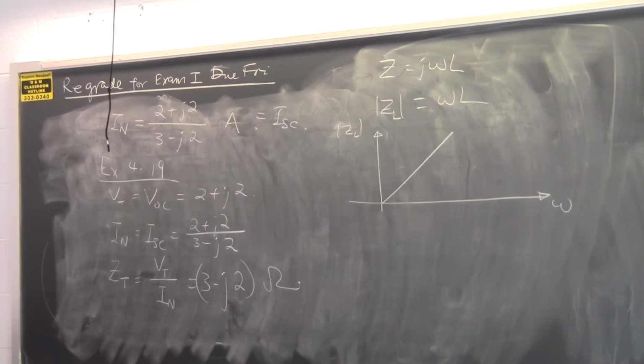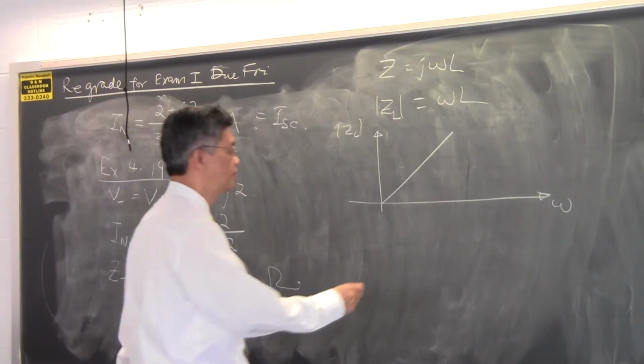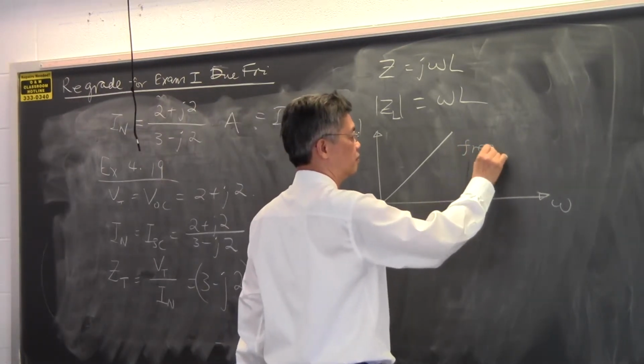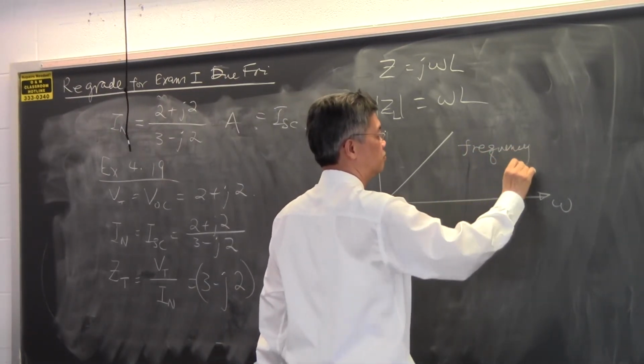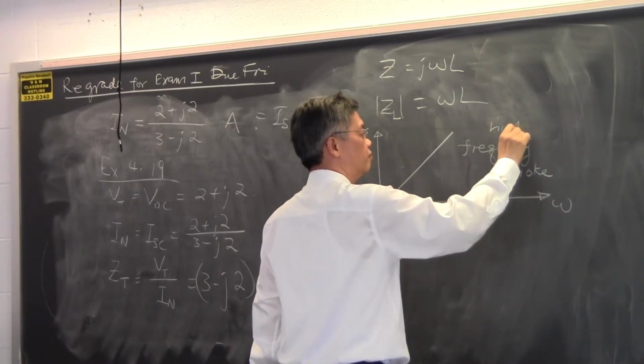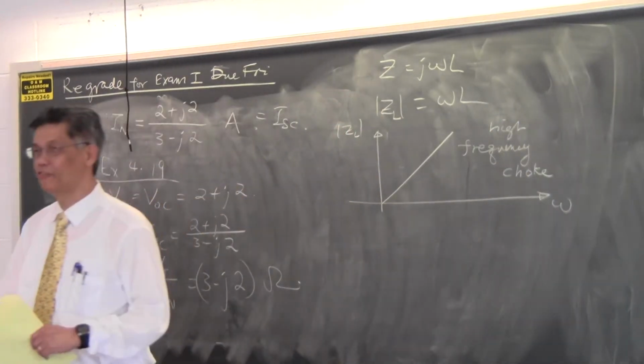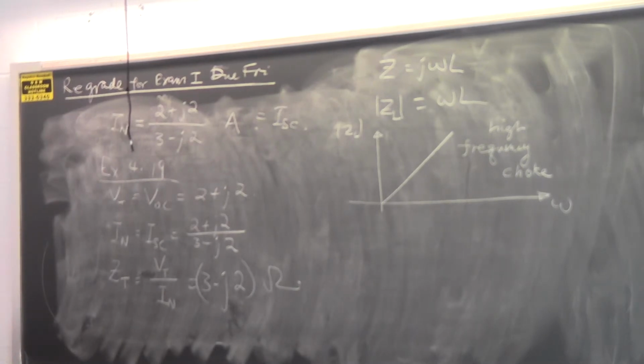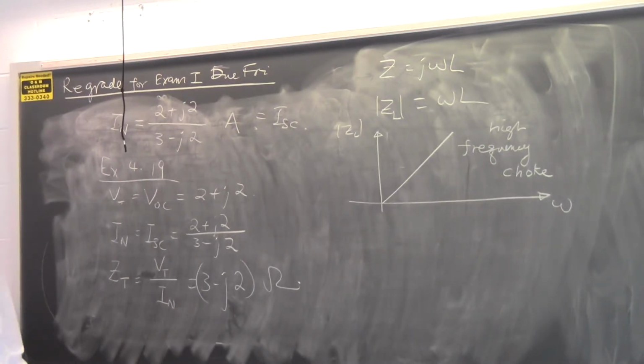So inductors are also called frequency chokes. I don't know if you've heard of this term. They can be used to prevent high frequency currents from going through an impedance.